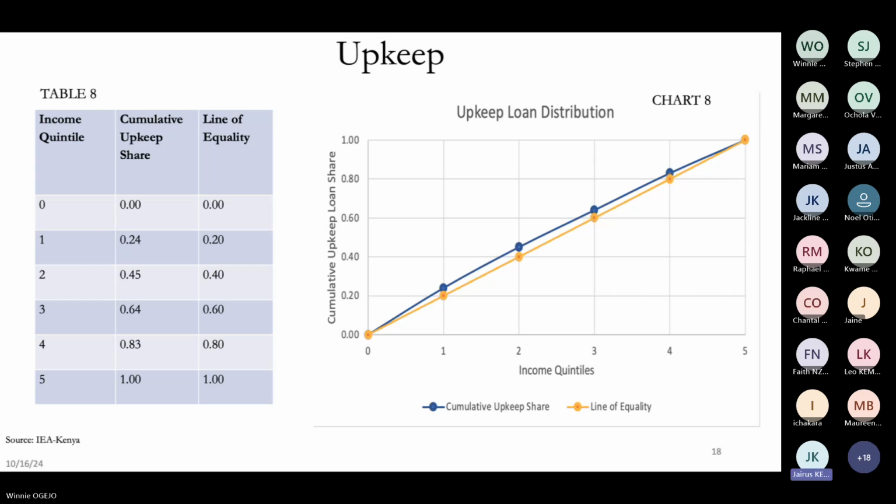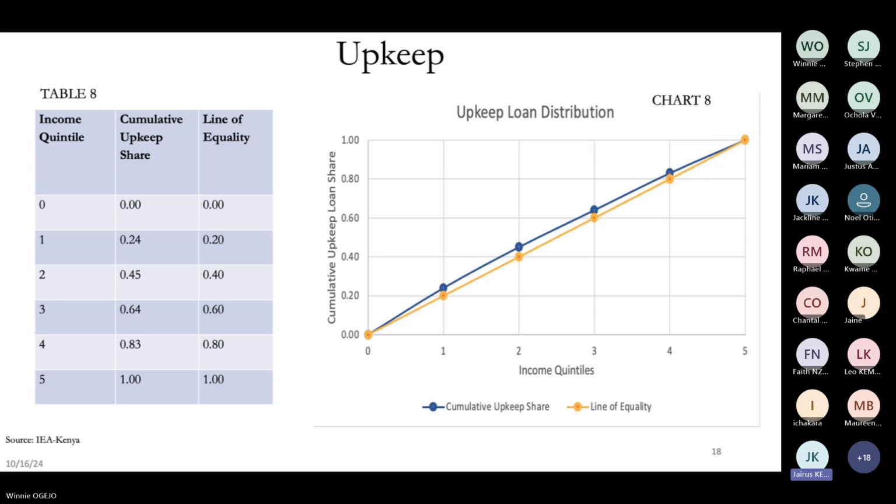On the other hand, the bottom 2, that is quintiles 4 and 5, cumulatively received 36% of the total share, meaning they lost about 4 percentage points of their equitable share. And this tells us that the distribution of upkeep was informed by equity consideration.